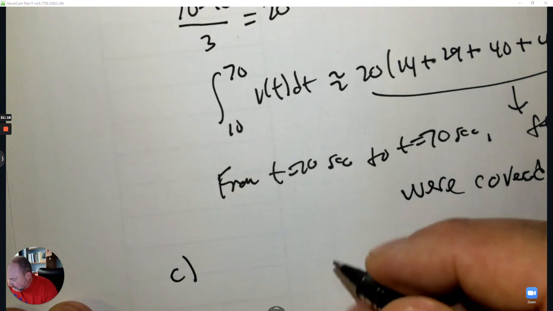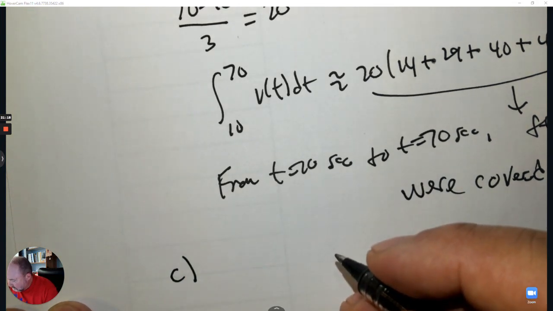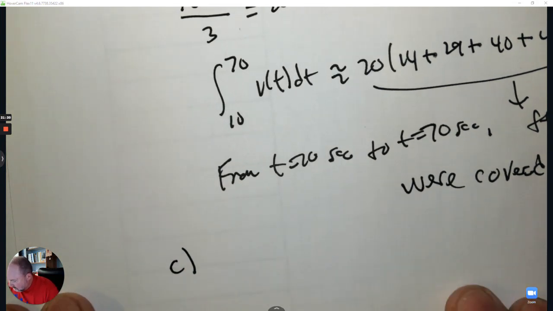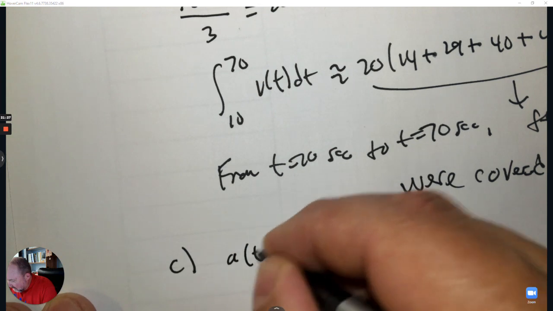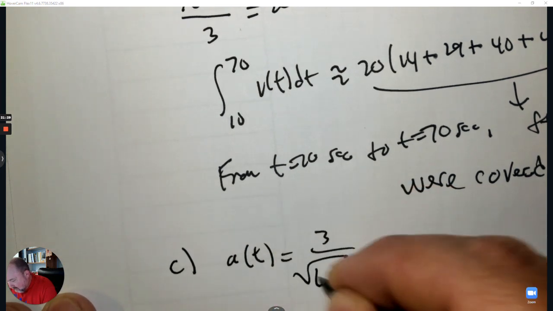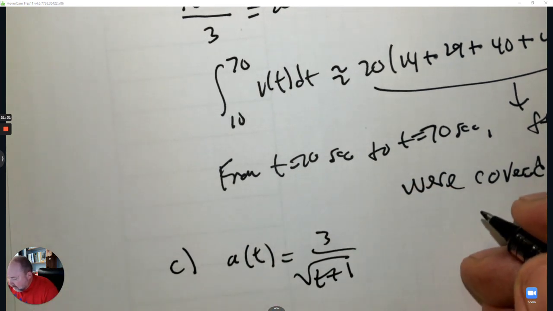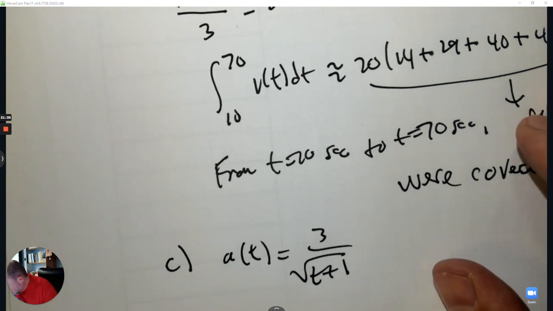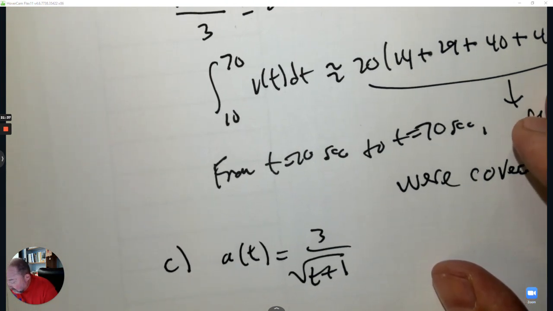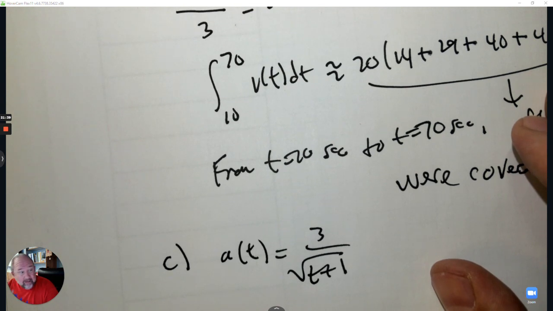Part C. Rocket B, different rocket, has an acceleration at time t equals 0 seconds. The initial height is 0 and the initial velocity is 2. Which of the two rockets is traveling faster at t equals 80?